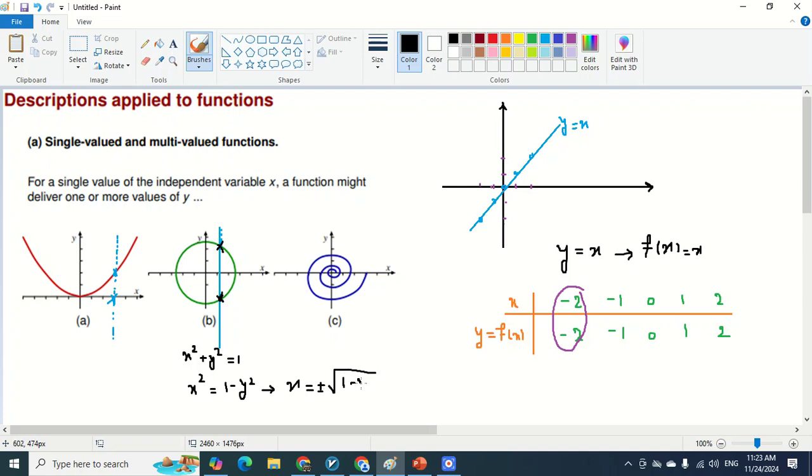So as you can see, this expression has two values, one positive and one negative, for each input, and we have two outputs for one single input, and it's not a function.